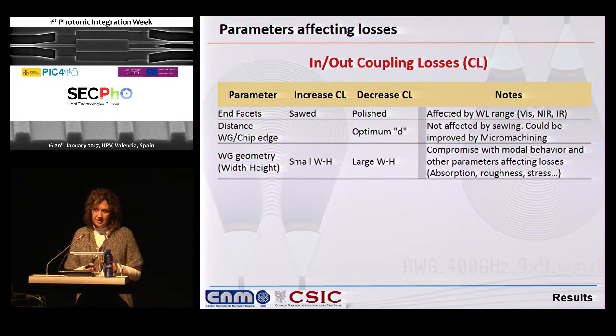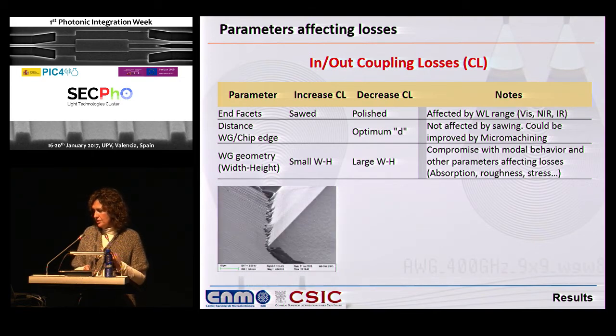If you look at the end facets, it's very clear that a sawn facet will have higher losses than a polished one. Until now, we just saw the end facets, but we are trying and making some tests to improve these facets. You can see an image of what the end facets look like.